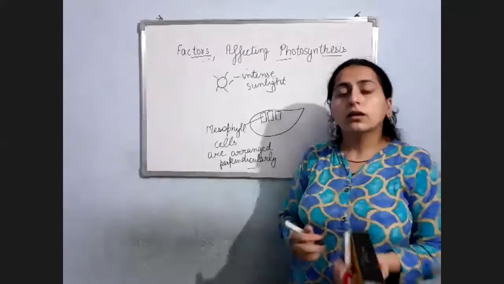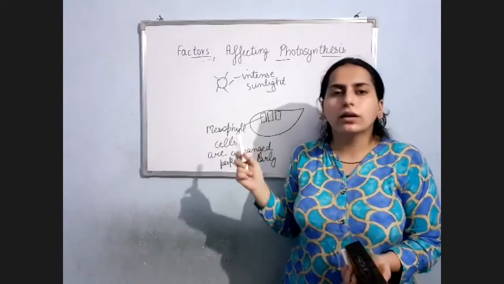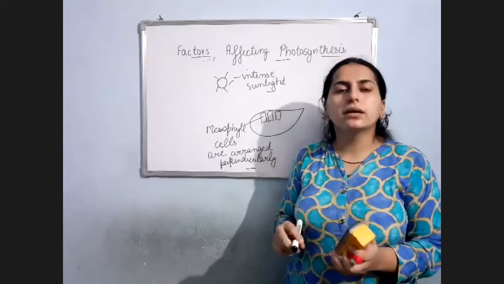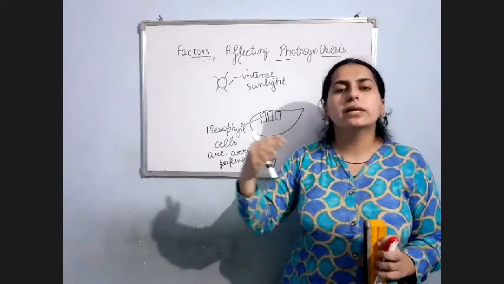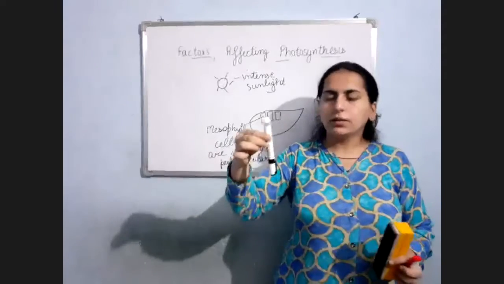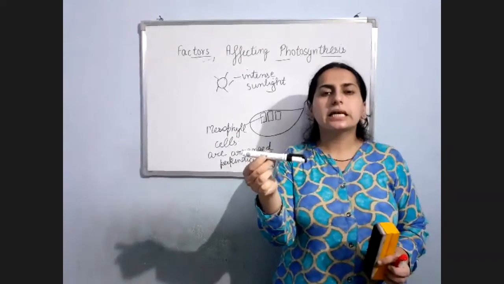Now, if you want to know the reason why they are arranged perpendicularly, after being arranged perpendicularly, their surface area which is exposed to light will decrease. Just imagine, mesophyll cells ऐसे खड़ा है या ऐसे. Sunlight किस area में ज़्यादा आएगी?